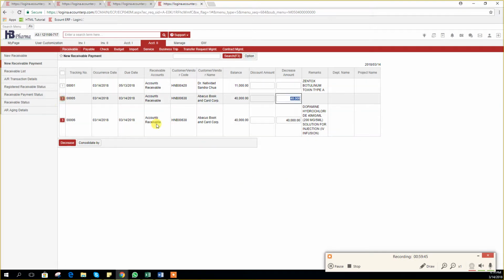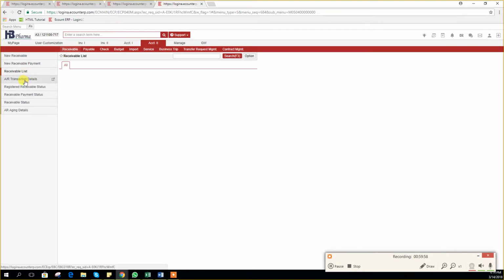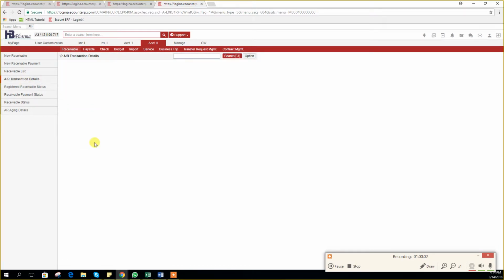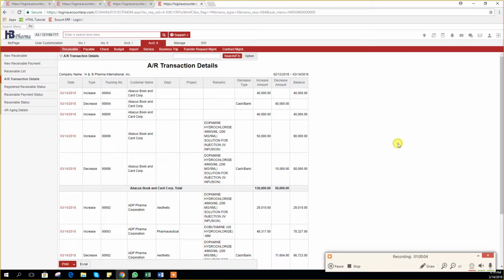So if you create as many receivables, you can just add that up, and it's going to appear inside your AR transaction details.